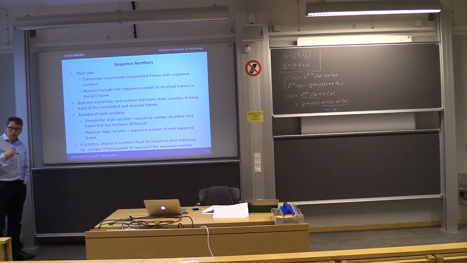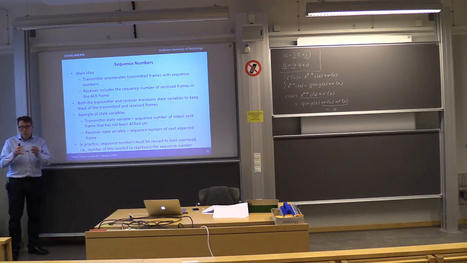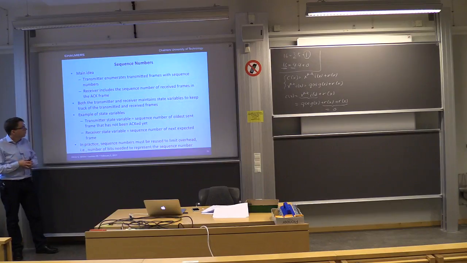So we are using sequence numbers in both directions. These are known as state variables. Sequence numbers could be state variables, and there could also be other things, but it's somehow keeping track of the state of the communication, right? So in TCP, for instance, there are several other state variables, but here's an example of a state variable.